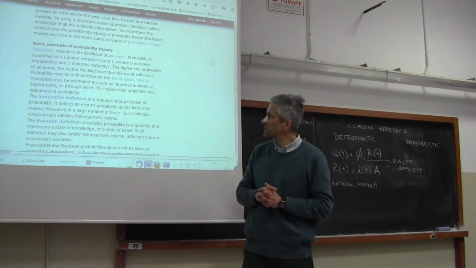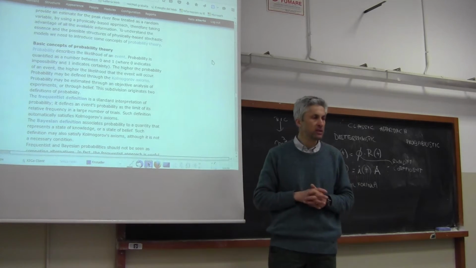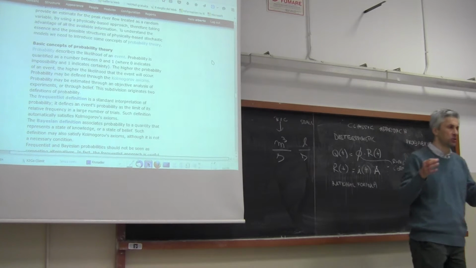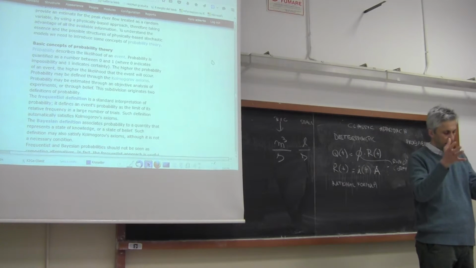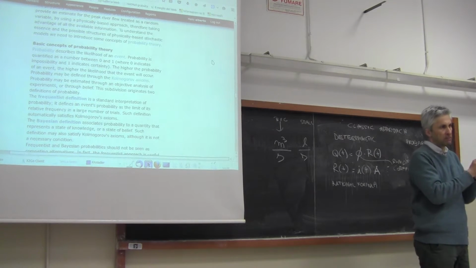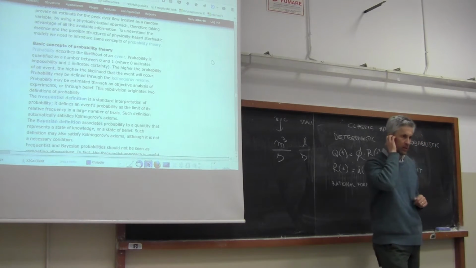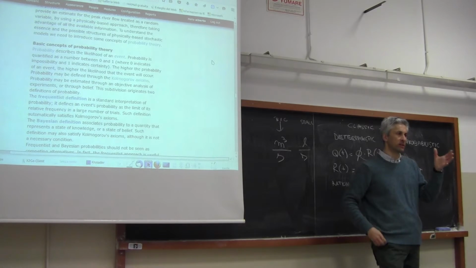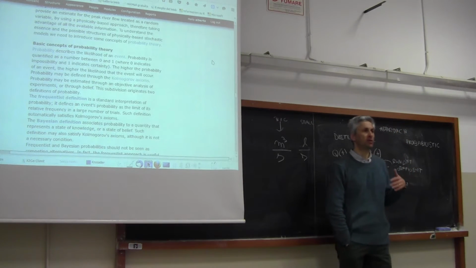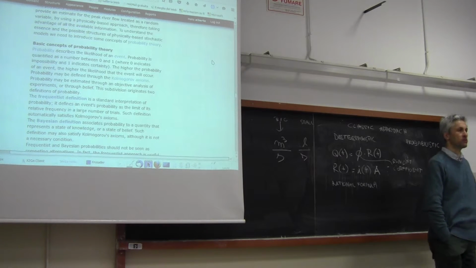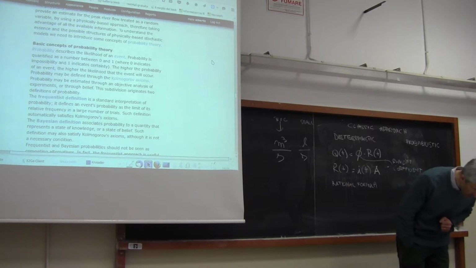Basically, probability describes the likelihood of an event through a measure, through a real number. And this real number is comprised between 0 and 1. So if an event is certain, we say that it has a probability of 1. If an event is impossible, we say it has a probability of 0. So it is extremely simple.